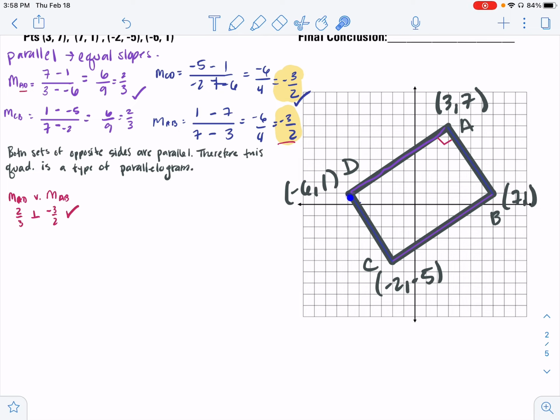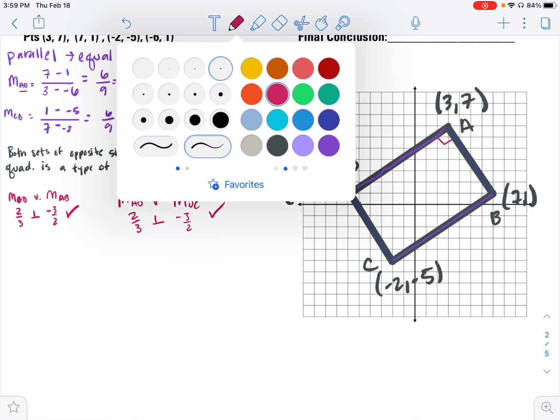We always want to check at least two of them to make sure that we weren't just lucky there. So let's check this one as well. So we're going to do the slope of AD versus the slope of DC. Once again, AD we had, which is 2/3. And DC, same thing as CD, which is -3/2. And once again, yes, they are perpendicular.